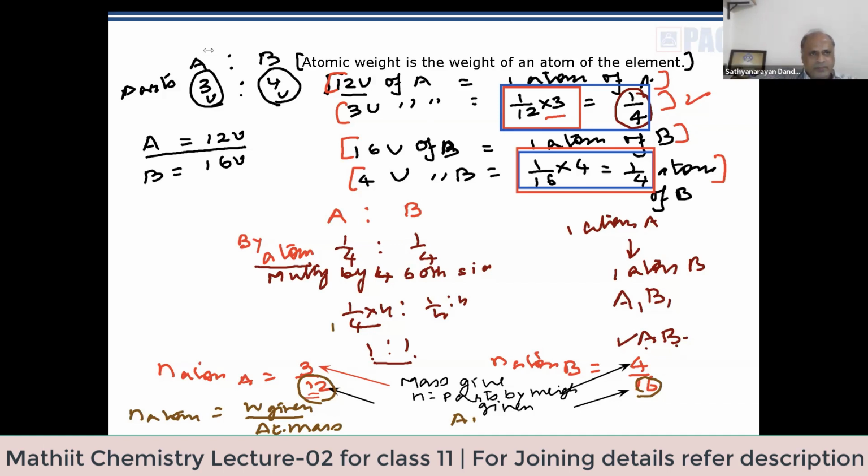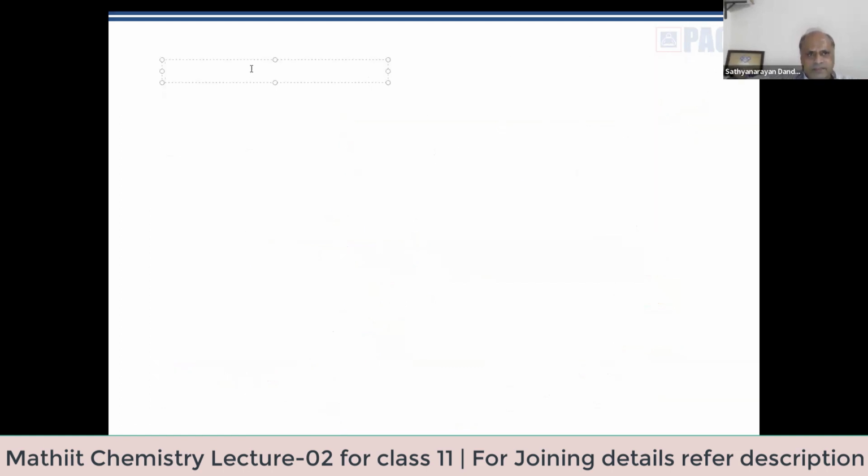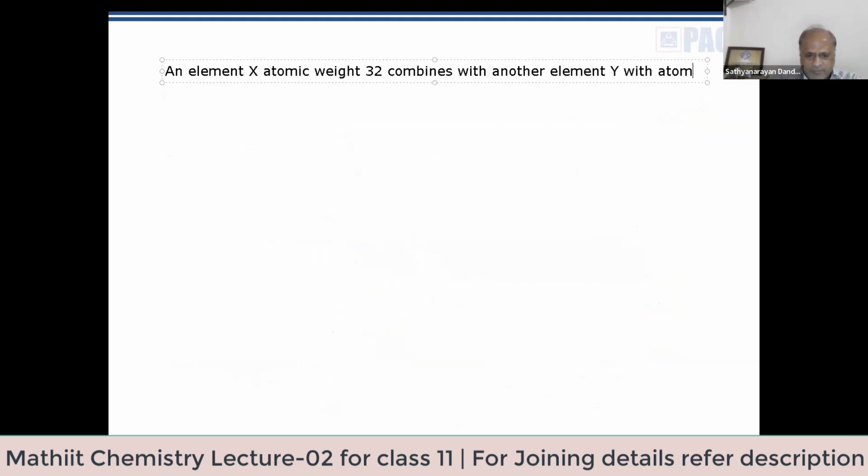Now, write down an element X, atomic weight 32, combines with another element Y with atomic weight equal to 16.